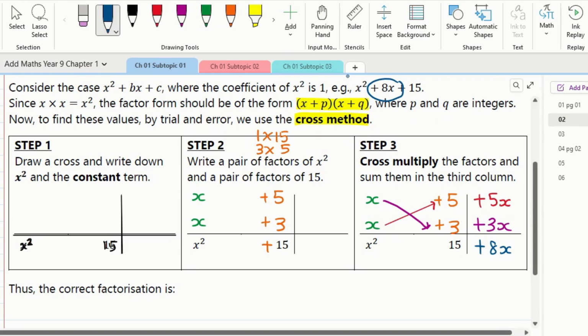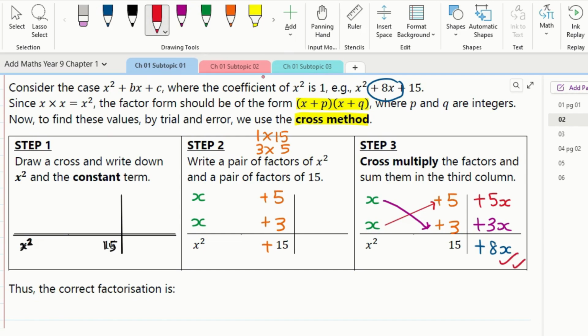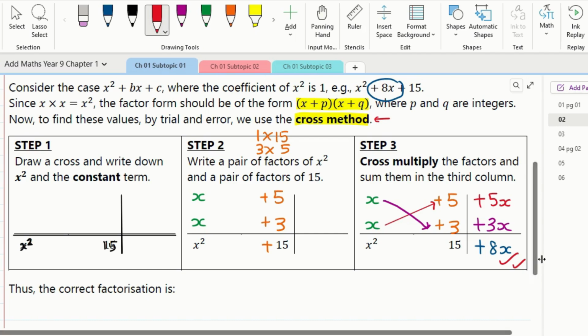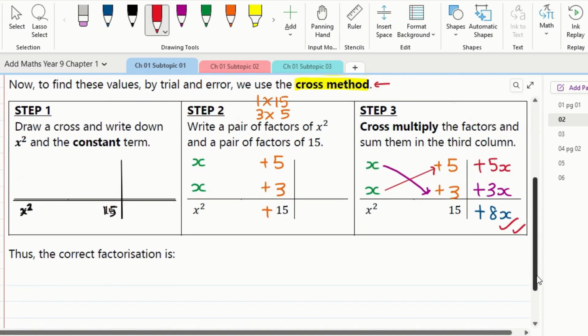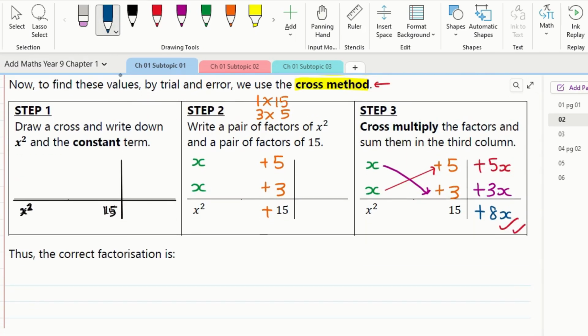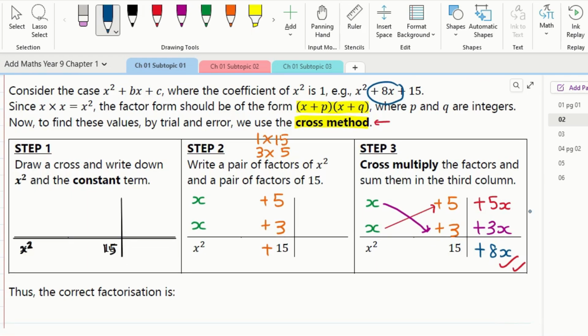So which means if you manage to get this correctly, that means you are doing the correct cross multiplying and cross method overall. So this is the factor that you should find. So the correct factorization for this expression, x squared plus 8x plus 15, is going to be these two pairs of factors.